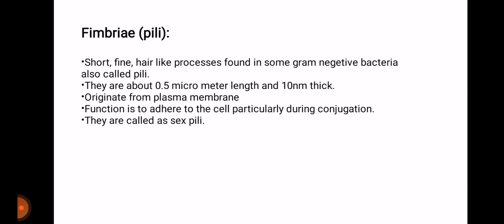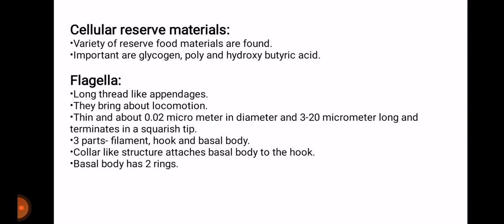They are also called pili. They are about 0.5 micrometer in length and less than 10 nanometer thick. They originate from the plasma membrane and their function is to adhere to cells, particularly during conjugation, so these pili are also called sex pili.